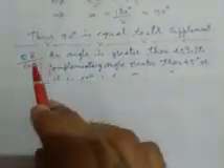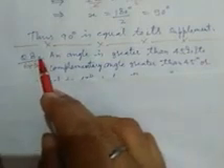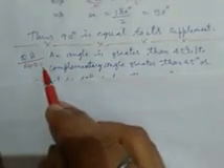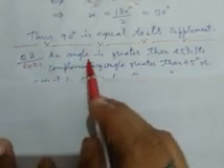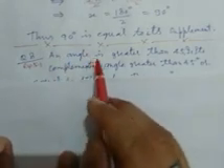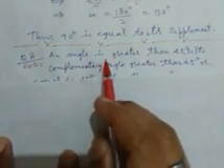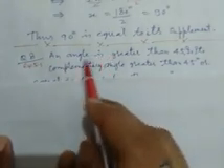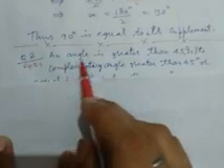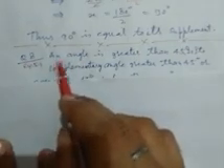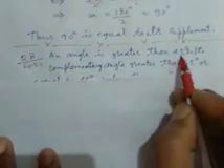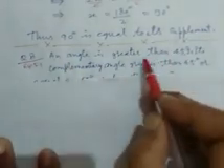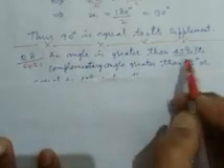Now another question, question 8 from exercise 5.1. Learn this carefully and watch this video completely. I have solved many questions, so please learn carefully. An angle is greater than 45 degrees.